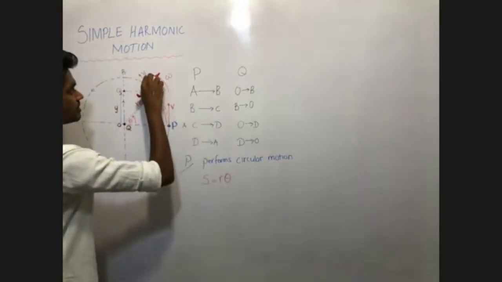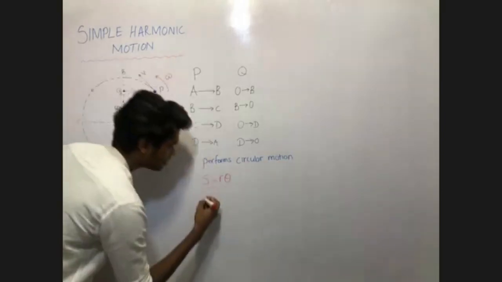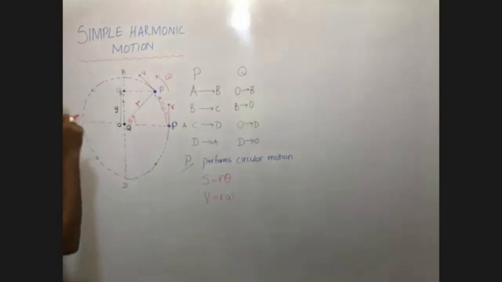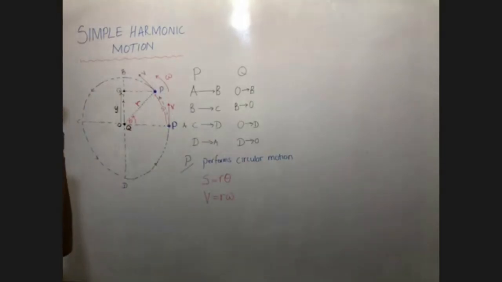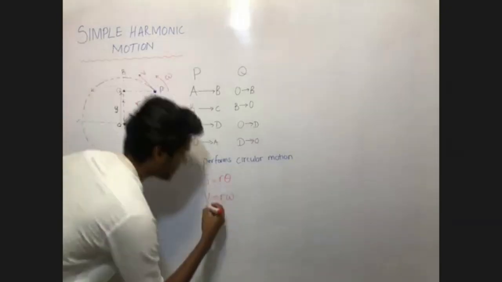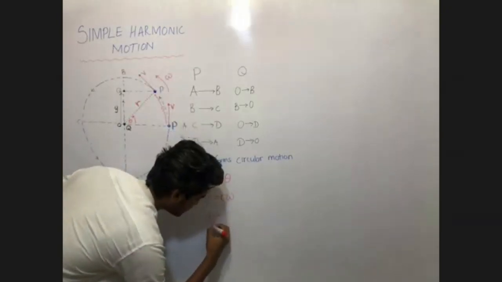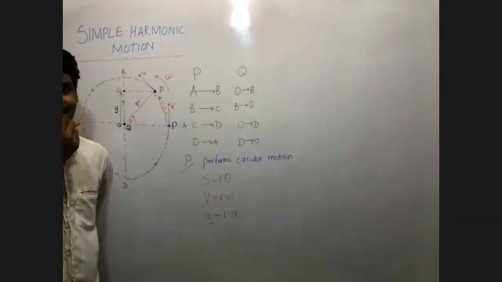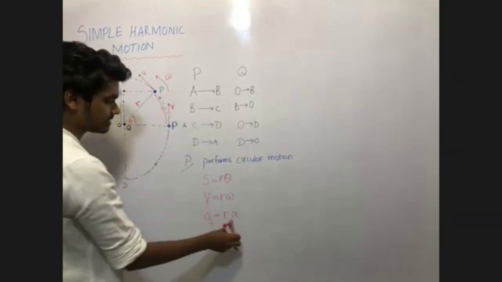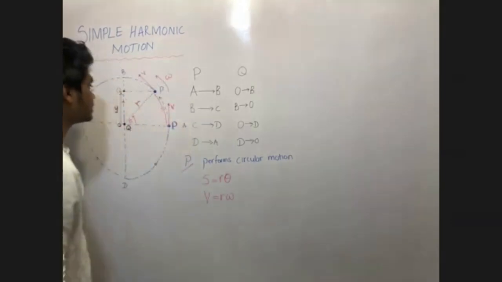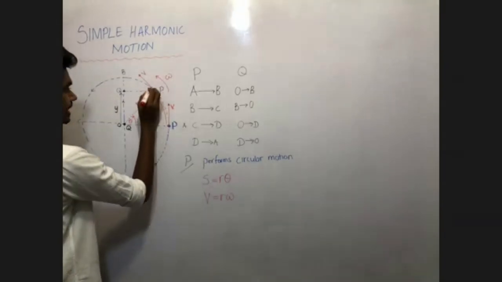This tangential velocity is equal to R times omega. And the tangential acceleration a_t is equal to R alpha.